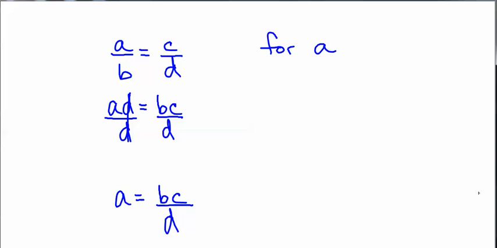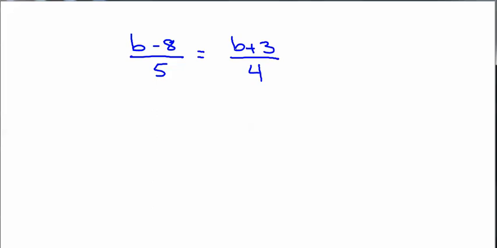Page 138. b minus 8 over 5 equals b plus 3 over 4. You still crisscross multiply, but now look what you got.